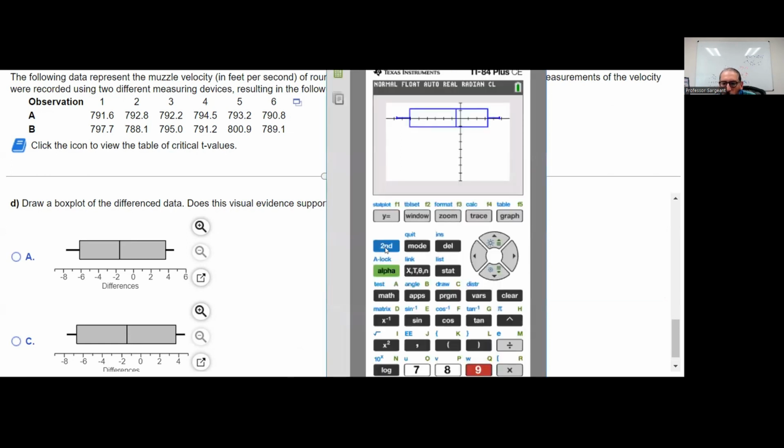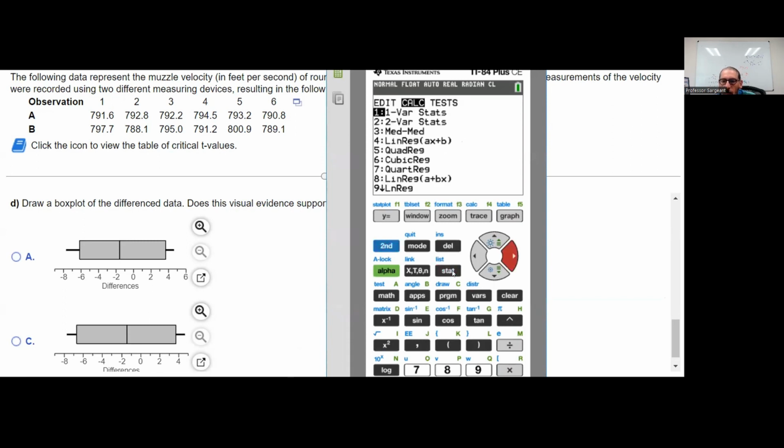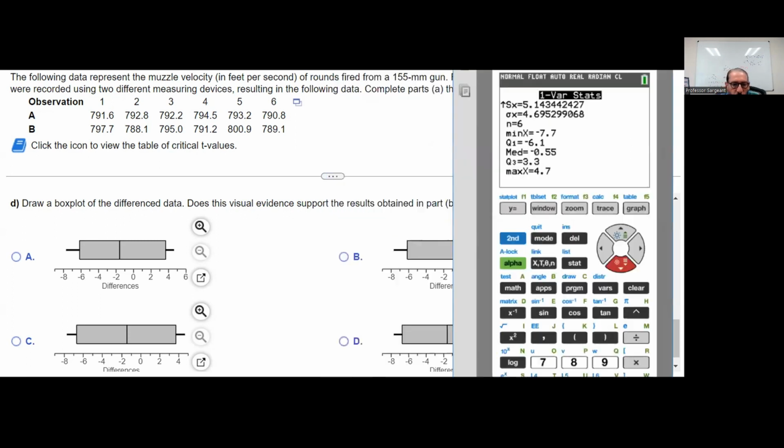Okay. Let's go back to stat and calc and one variable statistics on list 3. Between what we are seeing from the box plot just produced by the stat plot, that minimum of -7.7, it's really tough to tell much difference for how far left any of those are going.